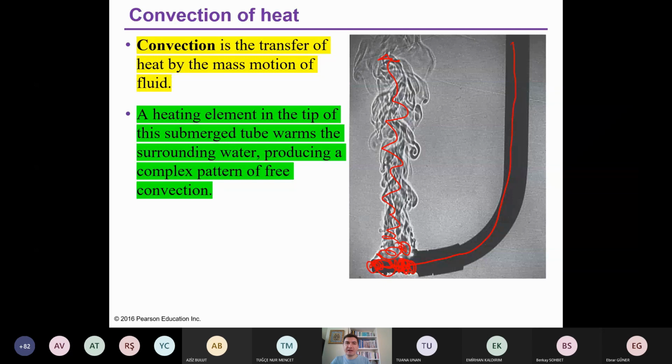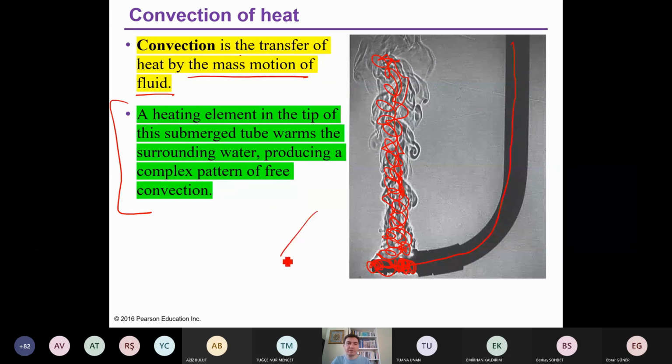So then we transfer the heat by mass motion of fluid. So this fluid transfers the heat to the other parts of the fluid. So this one, a heating element in the tip of this submerged tube warms the surrounding water, producing a complex pattern of free convection. So this is convection.